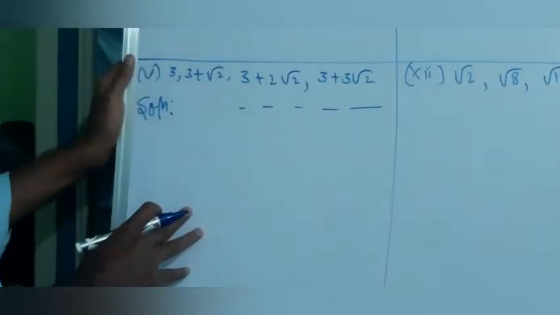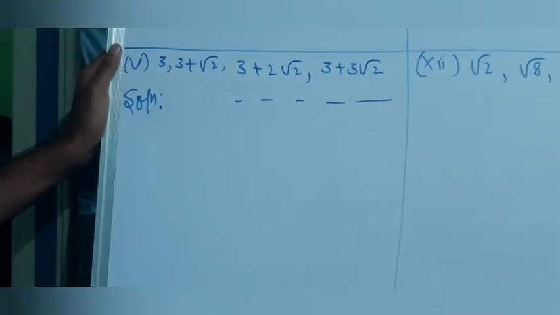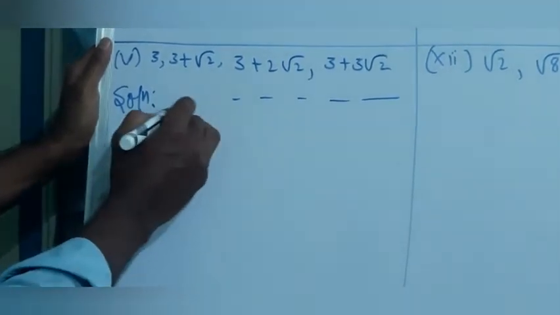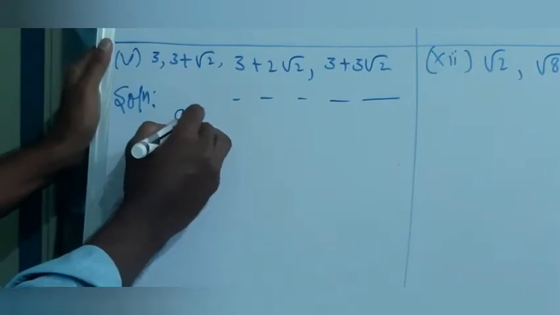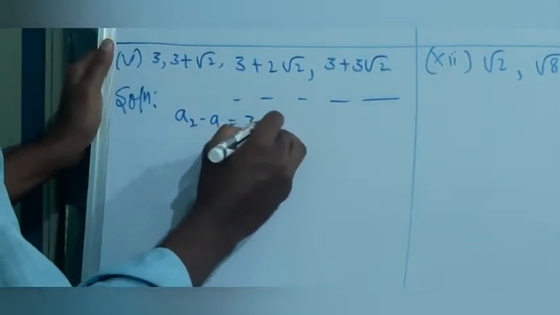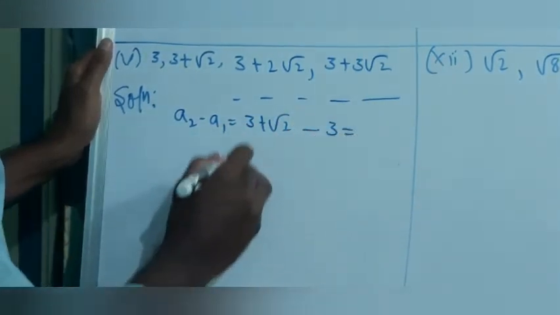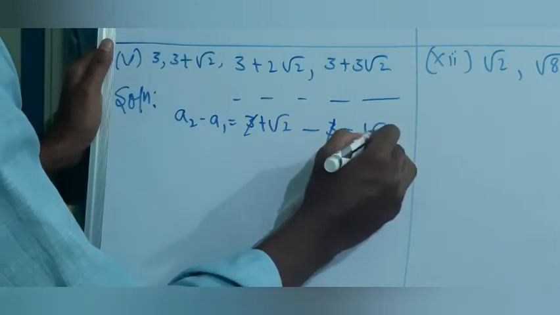Now the next sequence is 3, 3 plus root 2, 3 plus 2 root 2, 3 plus 3 root 2. See, how will we get D? A2 minus A1 is equal to 3 plus root 2 minus 3, which is equal to, 3 will get cancelled, root 2.